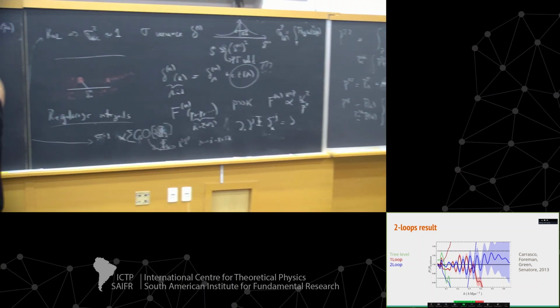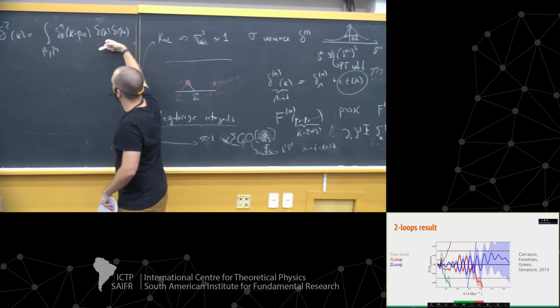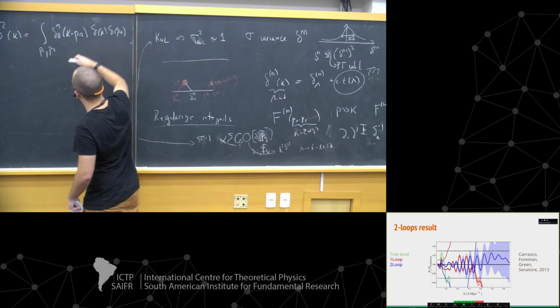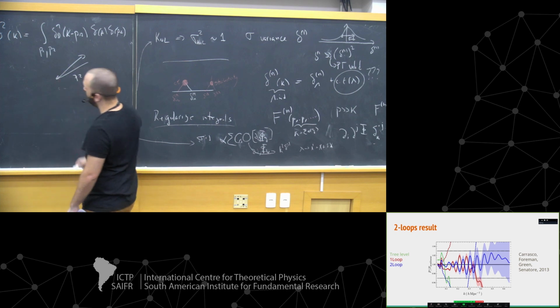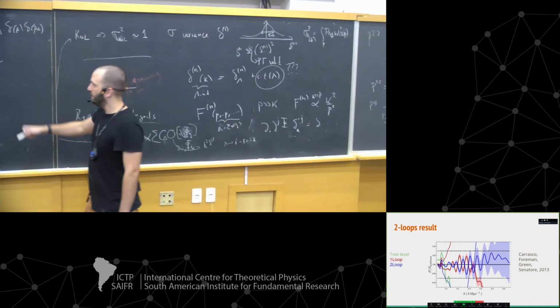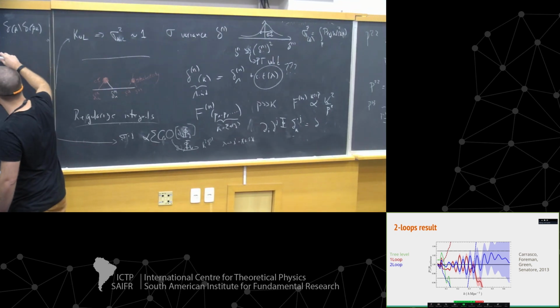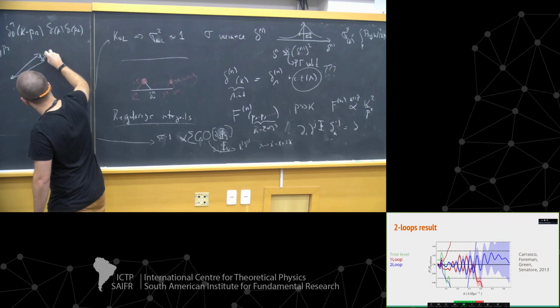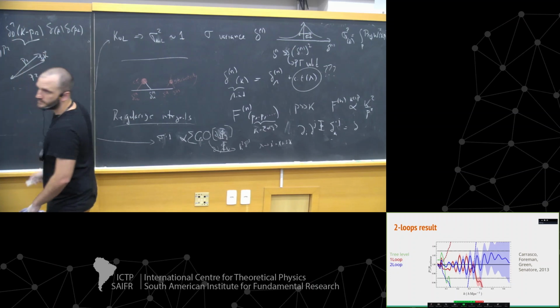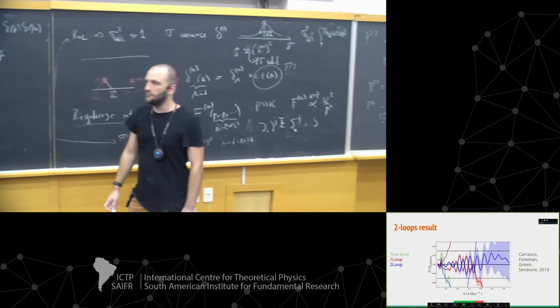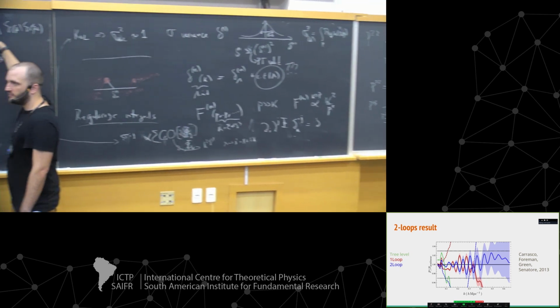And when you try to analyze what it means, if I take two modes, P1 and P2, which are deep in the UV, so large modes, they can actually source a K mode. So this is what this Dirac function here ensures.